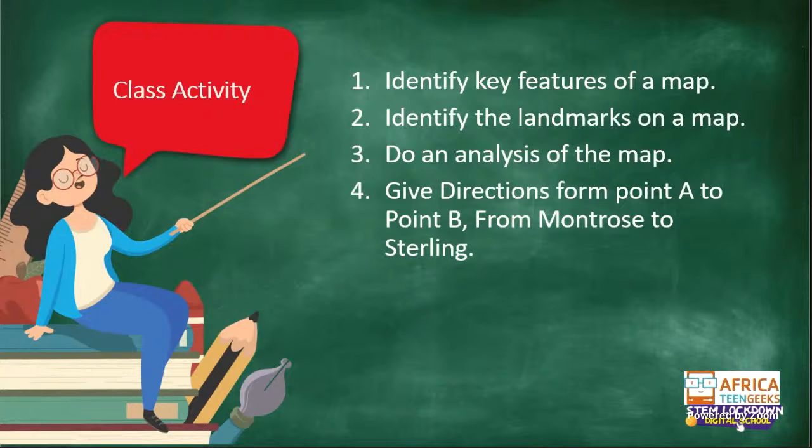Number 3, I want you to do a full analysis of the map. So break the map into smaller pieces, write about each piece, and I want you to contrast. Tell me the difference between the relationship between the different features on the map, okay? And number 4, I want you to give directions from point A to point E. Point A being Montrose and point B being Sterling, okay? So let us start with our activity now.